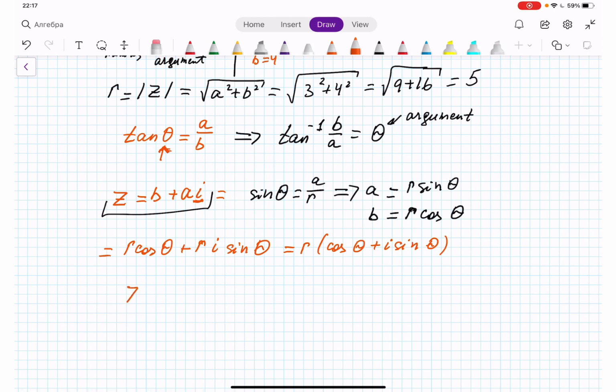So let me rewrite. z is equal to r times cosine theta plus i sine theta.